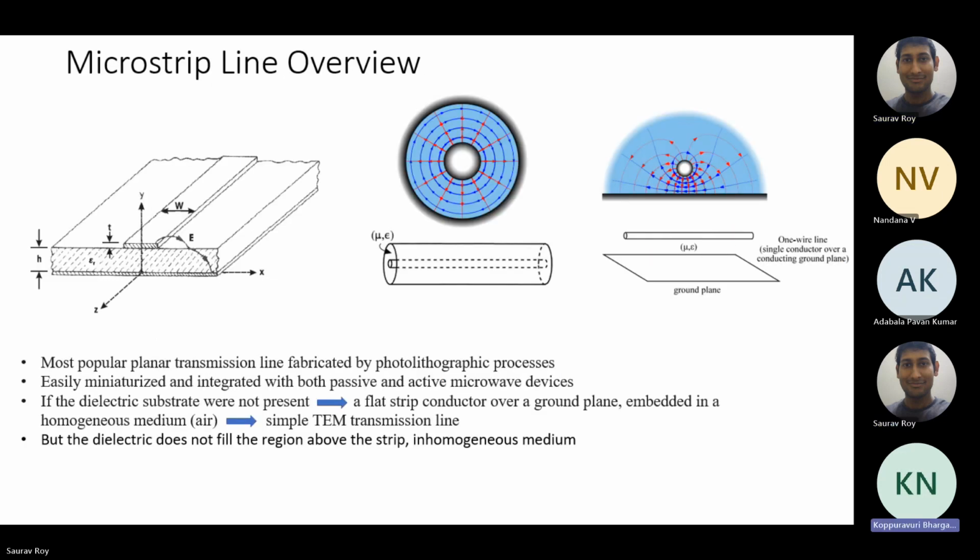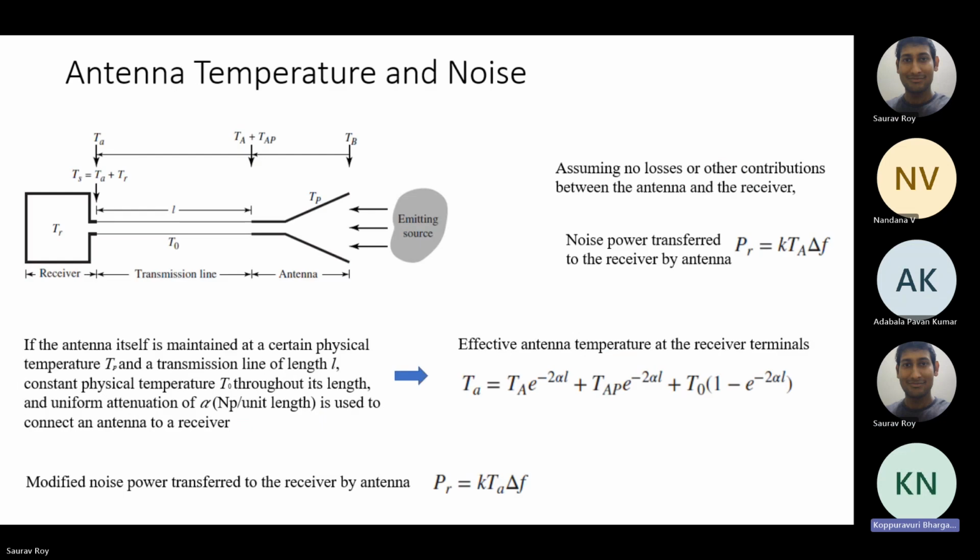Sir, are the noise temperature and the antenna temperature the same thing? Because there also we take some KTB like that. TA is the equivalent temperature provided by the device. Yes, that is the temperature we are talking about. That's why you see we have defined temperatures in the picture for different devices: TR for the receiver, T naught for the line, TP for the antenna.